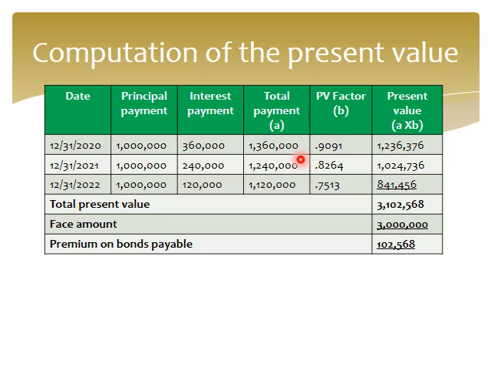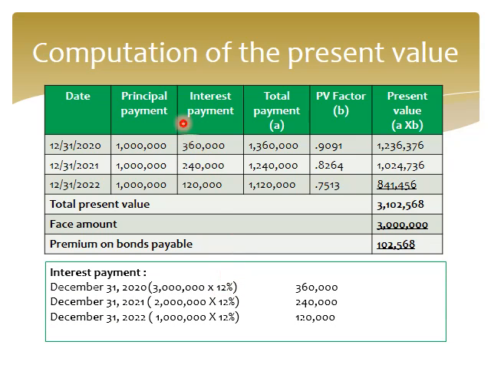Kasi year 1, 1,360,000, year 2, 1,240,000, year 3, 1,120,000. So, therefore, kailangan natin i-PV of 1. Para sa year 1, 1,360,000, i-multiply sa PV of 1 for 1 period. Sa second year naman, PV of 1 for 2 periods, and PV of 1 for 3 periods. So, again, pag unequal payments, usually, yung ginagamit natin is yung present value of 1.